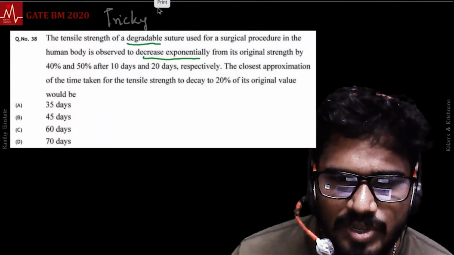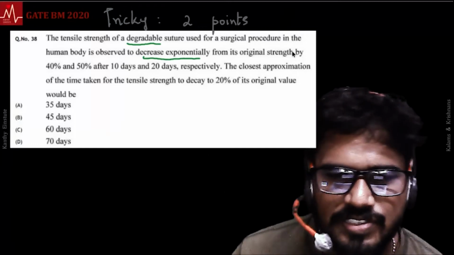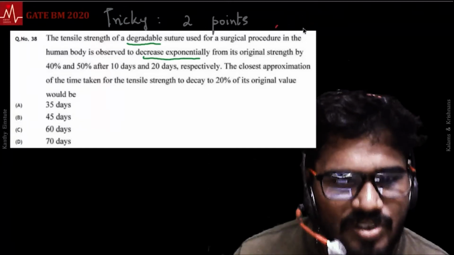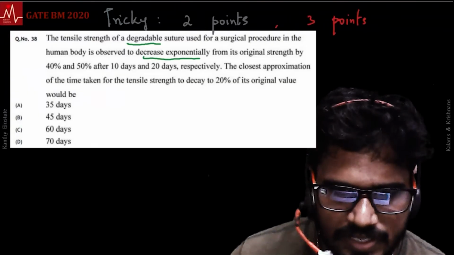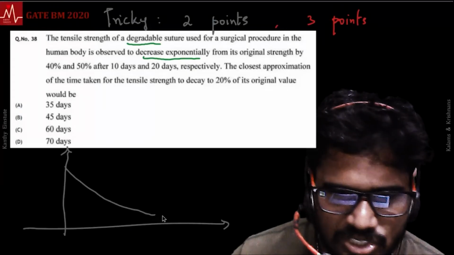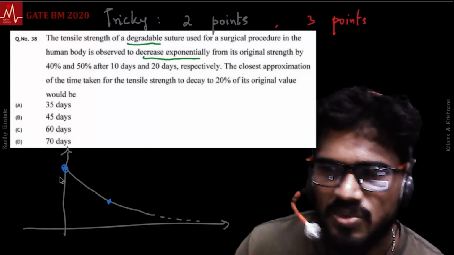Tricky because you typically need 2 points to deal with a first order transient system. But what is given here is actually 3 points, and the 3 points are not consistent. They are not on a single exponential curve. What I mean by that: going on as an exponential decay, typically with the starting point and some other point, you can find the time constant and all that, right?